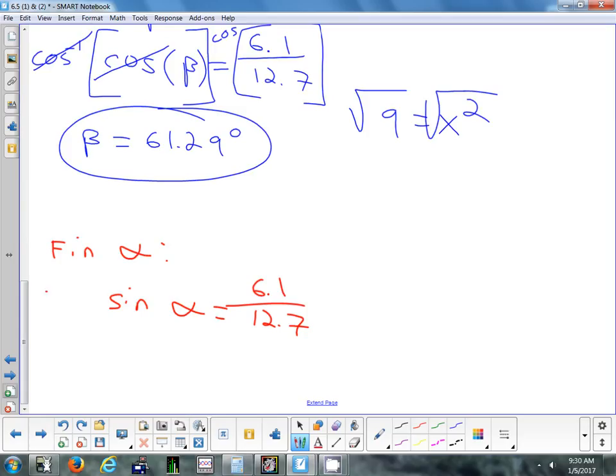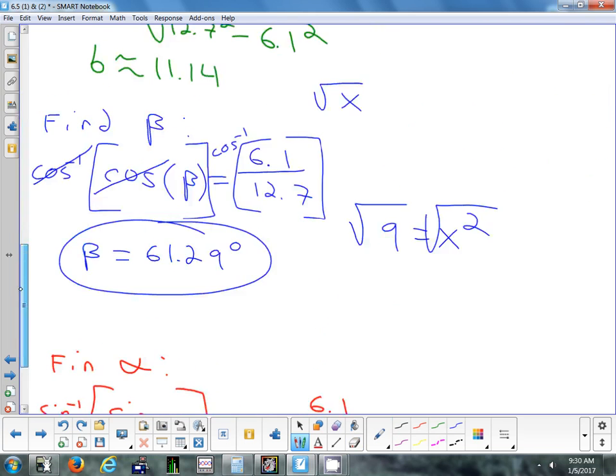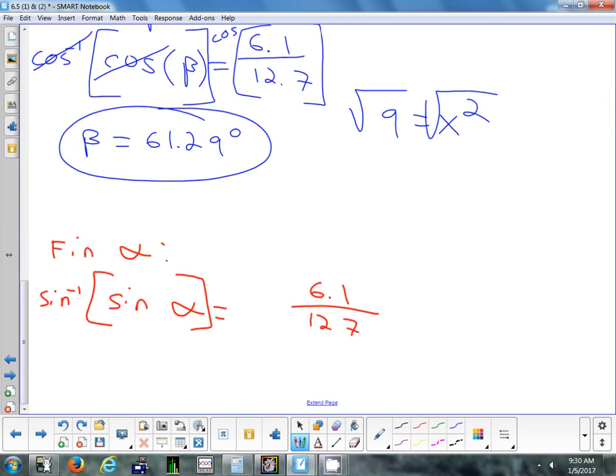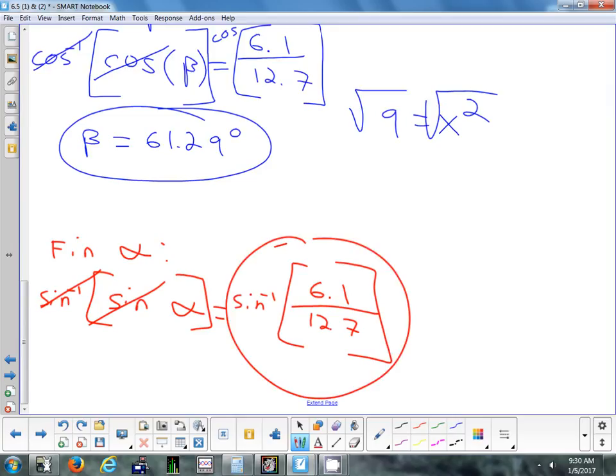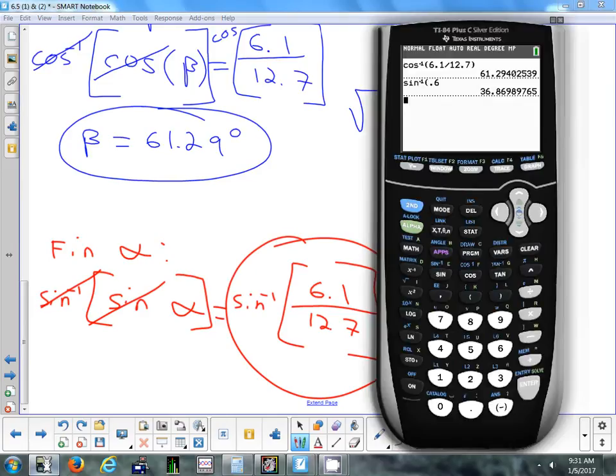I'm going to take the inverse sine of what's on the right. If you're smart when you write it down, if you leave a little room here, then you don't have to squeeze it in as much. Inverse sine and regular sine cancel each other out. Type that in, and that's your answer.